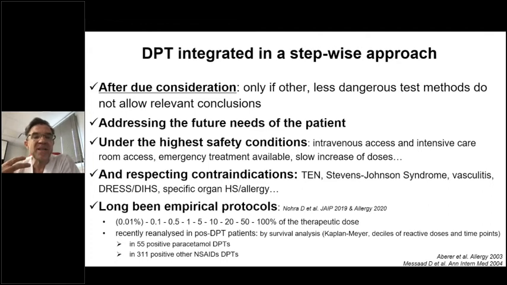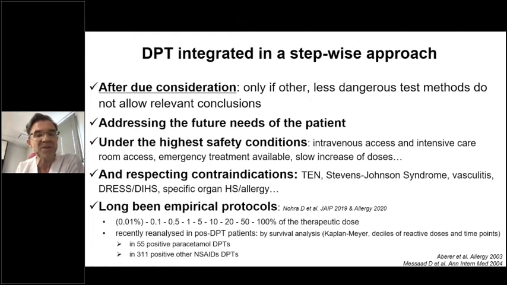There have long been empirical protocols with different doses, starting from point-something percent of the therapeutic dose up to the therapeutic dose. Recently, thanks to our big database, we could reanalyze our positive provocation tests by survival analysis using Kaplan-Meier and deciles of reactive dose in both paracetamol provocation tests.